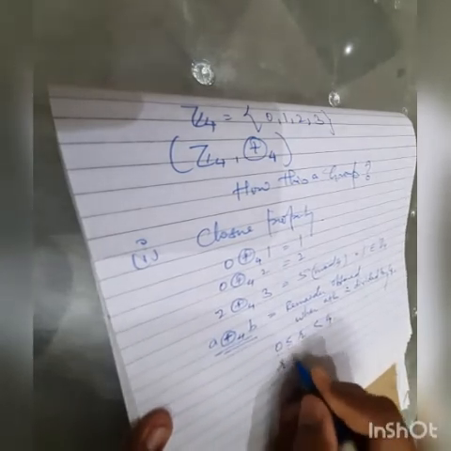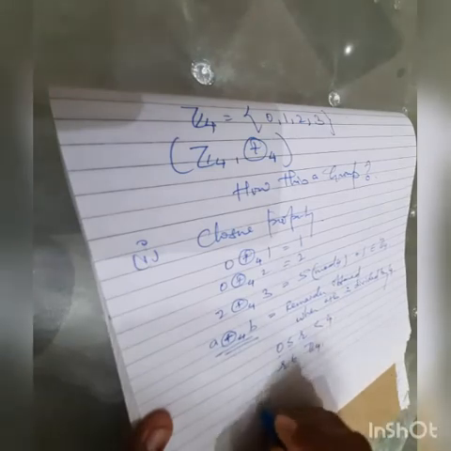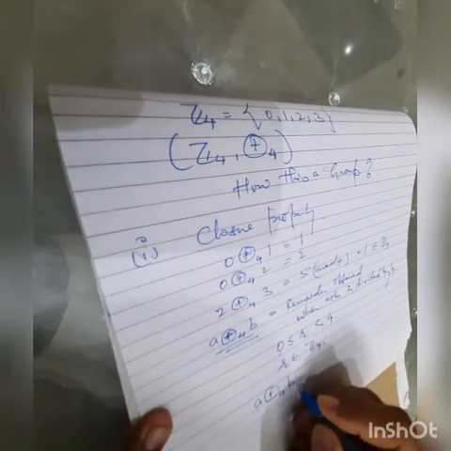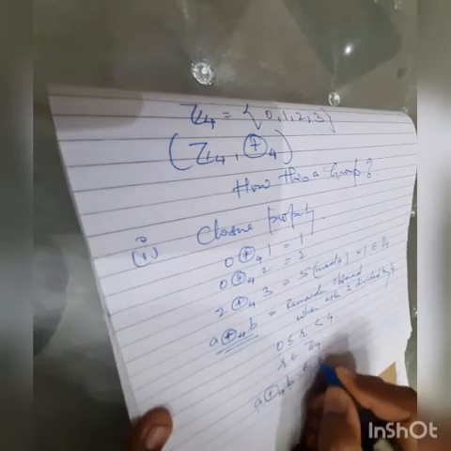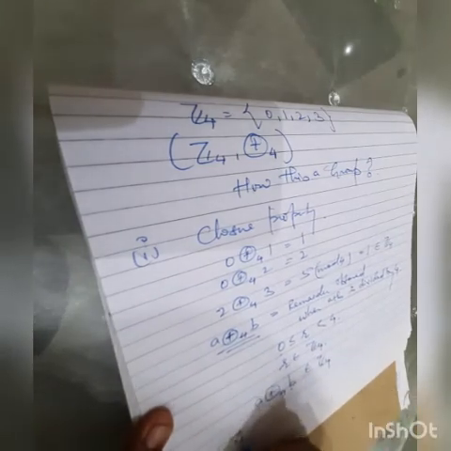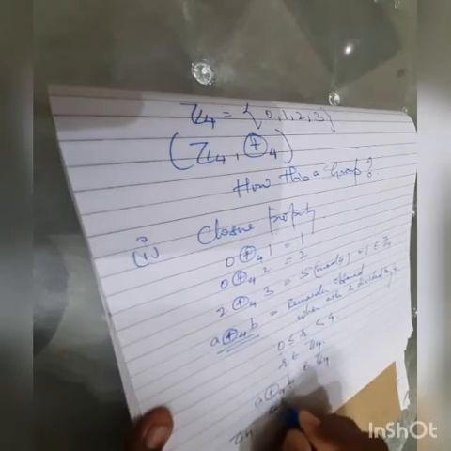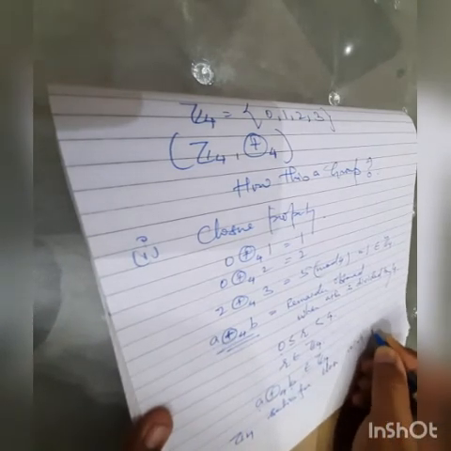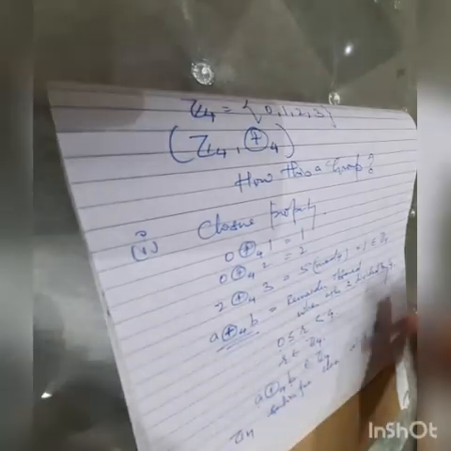So this remainder R belongs to Z4. So for any two elements A and B in Z4, A plus B modulo 4 will belong to Z4. So Z4 satisfies closure property with respect to addition modulo 4. So first condition is satisfied.